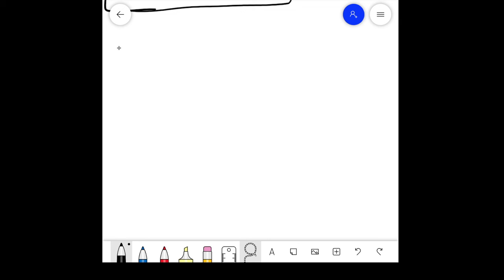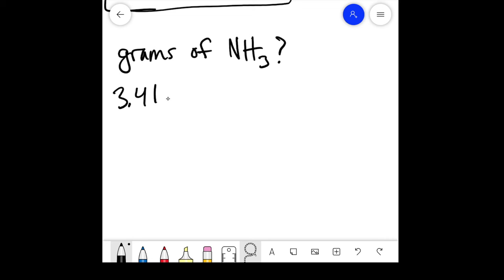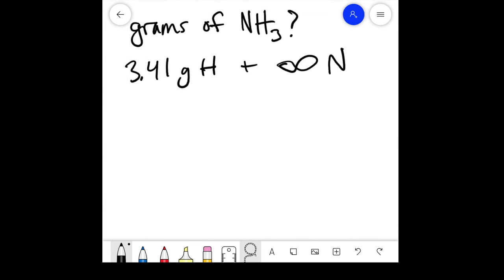We're trying to find how many grams of NH3. That's our question. And we know it was synthesized from 3.41 grams of hydrogen plus an unknown, or I'm going to say infinite, amount of nitrogen. That just means however many nitrogens we need to do this.